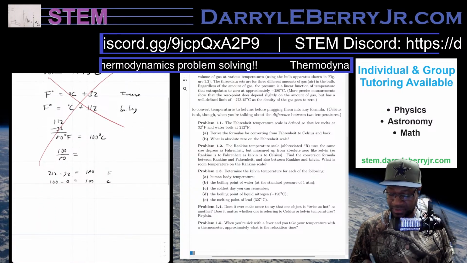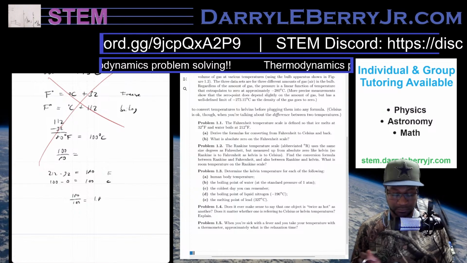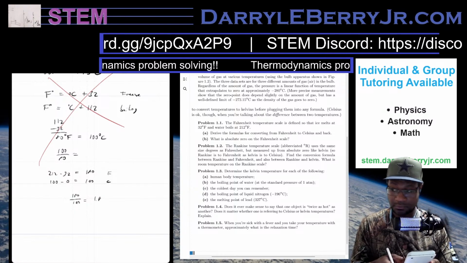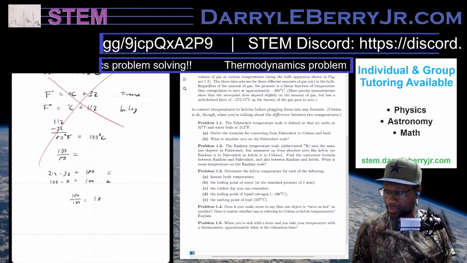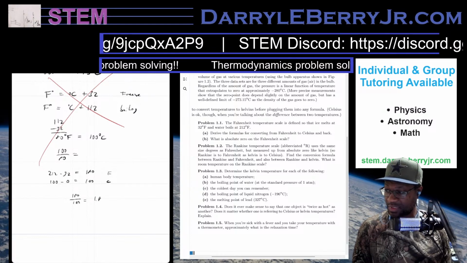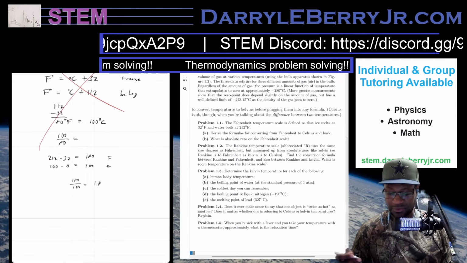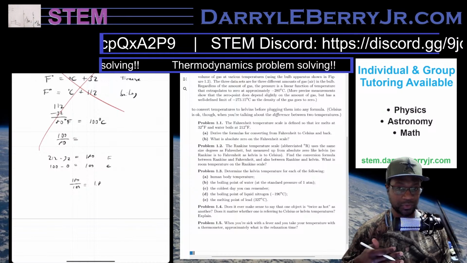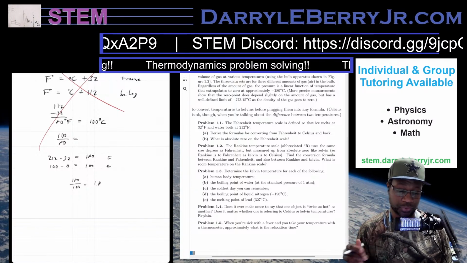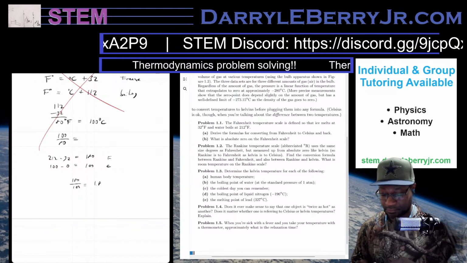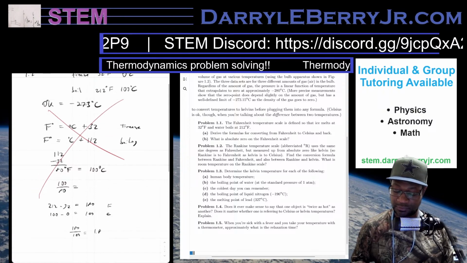So during that range, there's a ratio of 1.8 between the amount of units that Celsius and Fahrenheit go through. For every 1.8 units that Fahrenheit goes through, Celsius goes through 1. So we can use this relationship here.